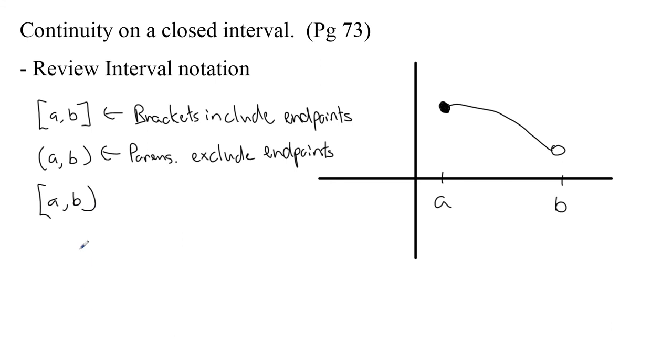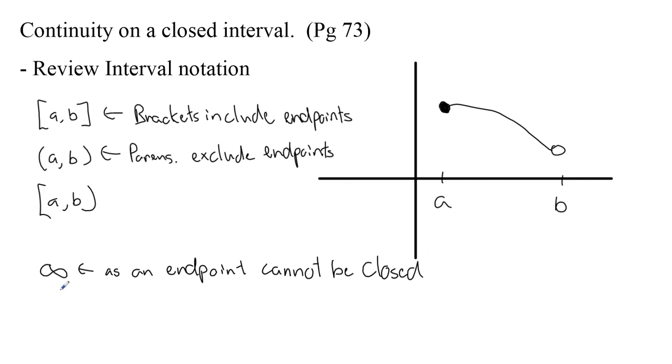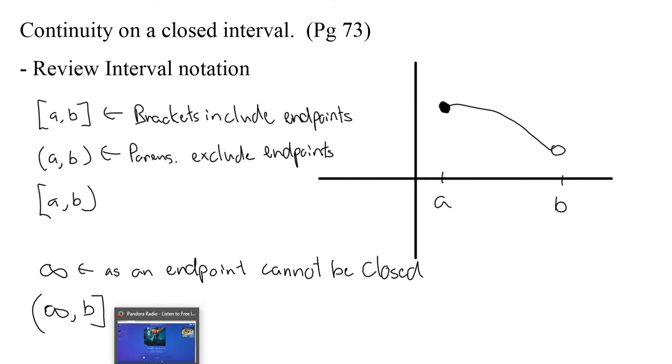All right, and just as a reminder, whenever you use infinity as an endpoint, so if I go from infinity to b, I can't include infinity because there's no such thing as an end to infinity. It always goes on forever, so it's never ending. So we can't include infinity, but we could include b, so that's also acceptable.